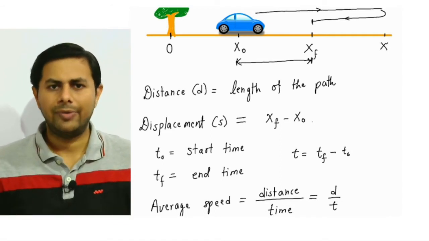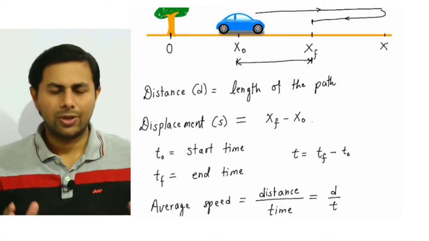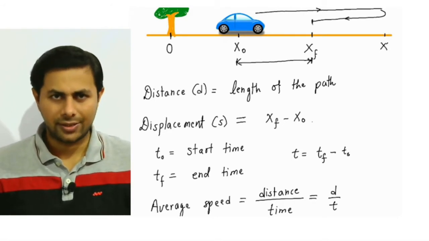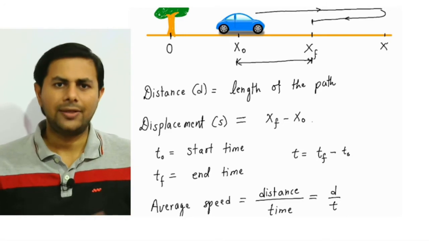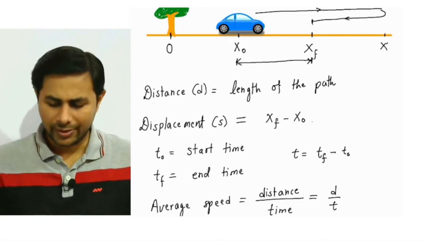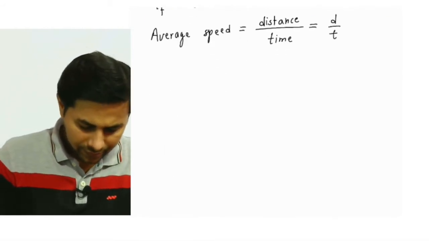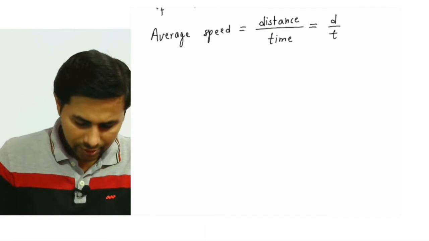Now we might be interested in the question of how fast or slow the position of the car was changing. Okay. So to find that out, we need to define a quantity called velocity. So what is velocity? This is also average velocity.